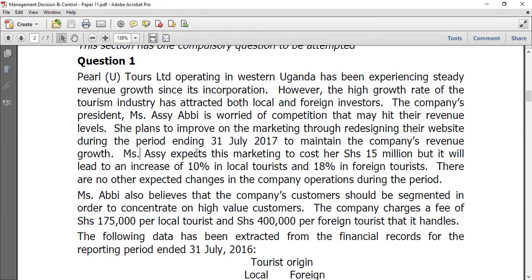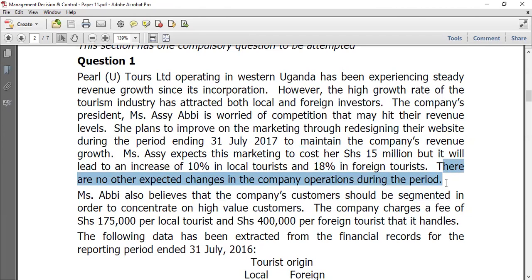Now, Miss Asi expects that this marketing will cost her how much? 15 million, okay? It will basically cost her 15 million, but it will lead to an increase of 10% in local tourists, okay? And also lead to an increase of 18% in foreign tourists, okay? They're telling you that there will be no other changes in the company's operations.